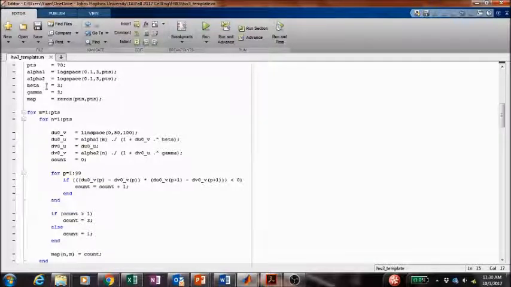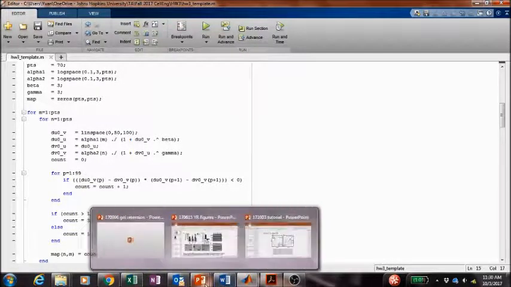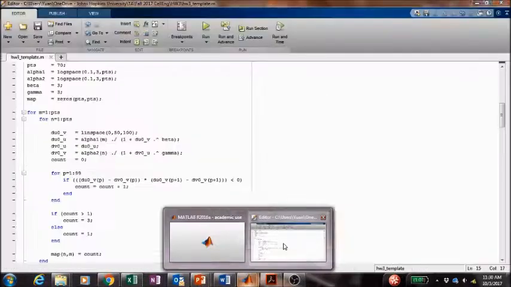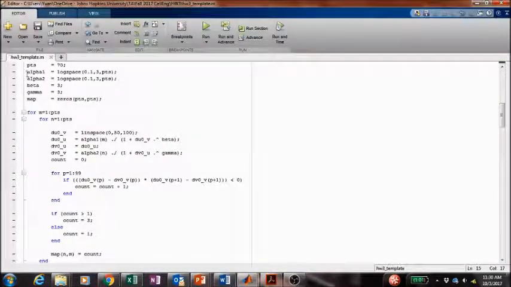This first part of the code will generate a figure that replicates this curve right here when beta equals gamma equals 3. I know that because if I look here, it gives me beta equals 3 and gamma equals 3. So that's what it's doing.